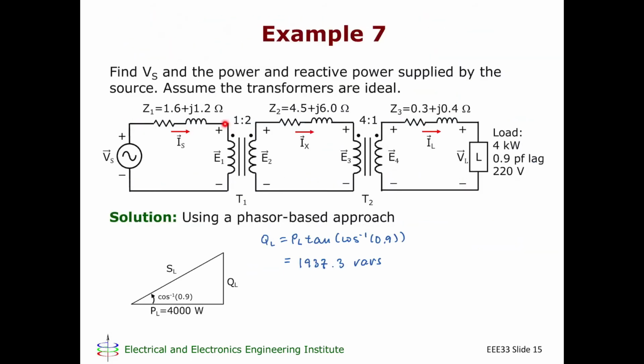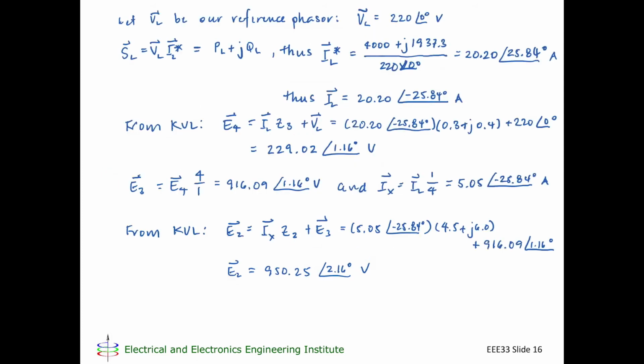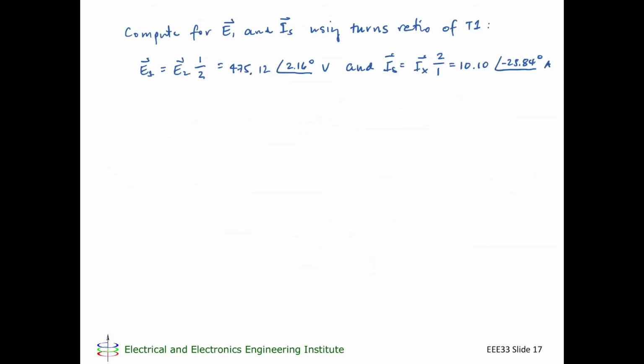I now know E1, I know Is. Again, using KVL, I will be able to determine V sub S. So from KVL, V sub S is equal to Is Z1 plus E1.